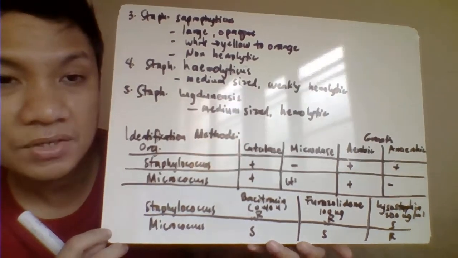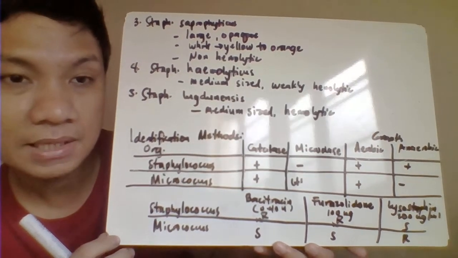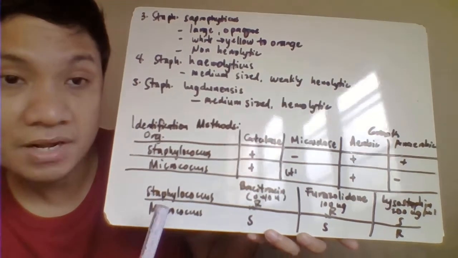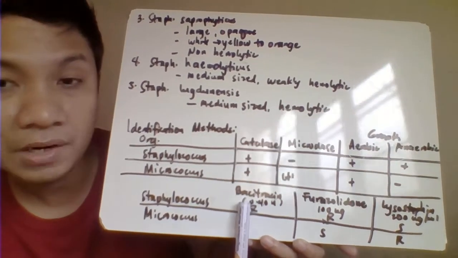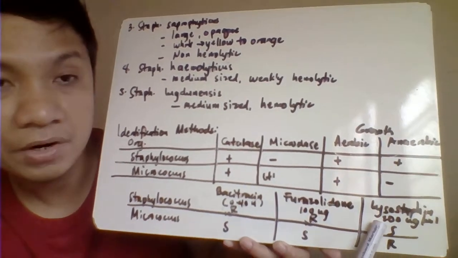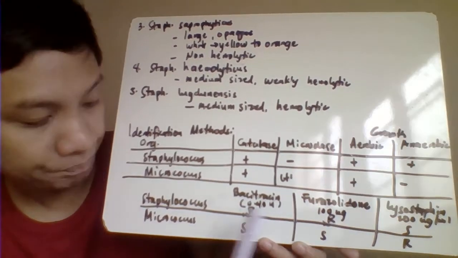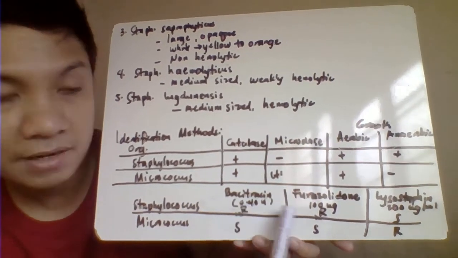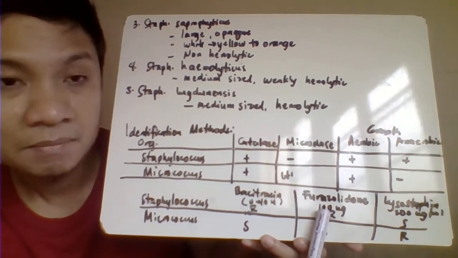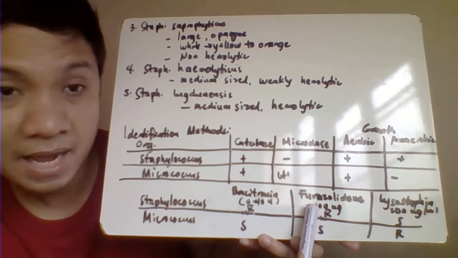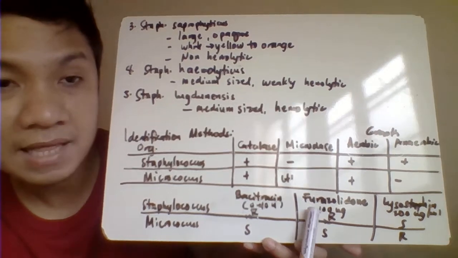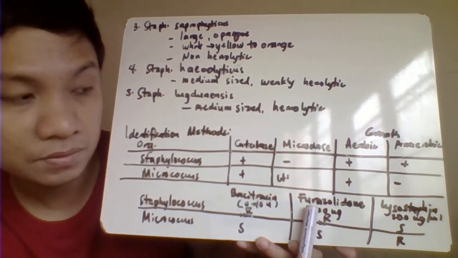Another differentiation is antimicrobial susceptibility testing. We have different antibiotics: bacitracin, furazolidone, and lysostaphin. Staphylococcus would be resistant to bacitracin and furazolidone, meaning bacitracin and furazolidone are not effective against Staphylococcus.